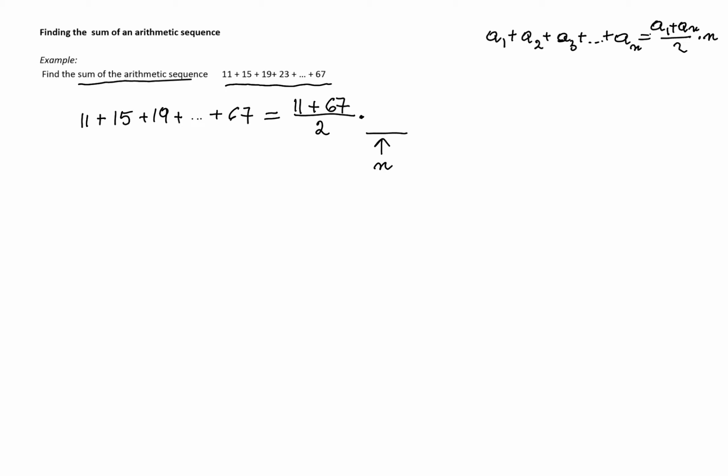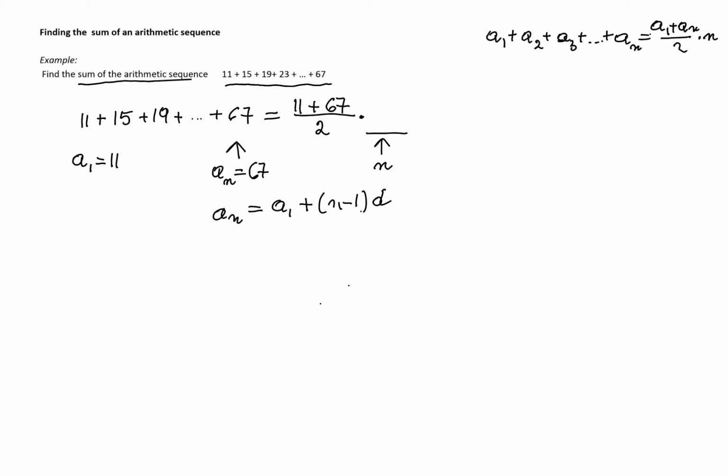However, we know that the sequence is arithmetic, and we know that the first term, a sub 1, is equal to 11, and the last term, which will be 67, is a sub n. We also know that a sub n for an arithmetic sequence is a sub 1 plus n minus 1 times d.